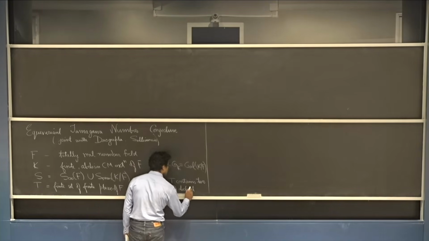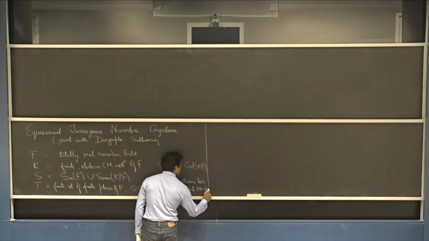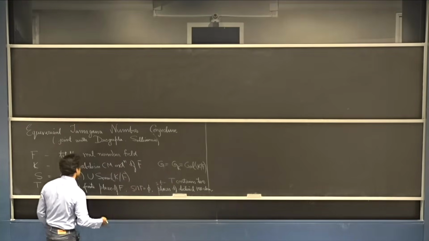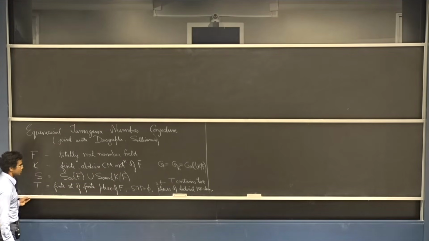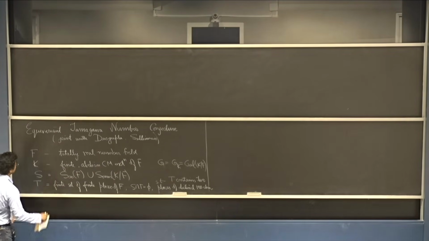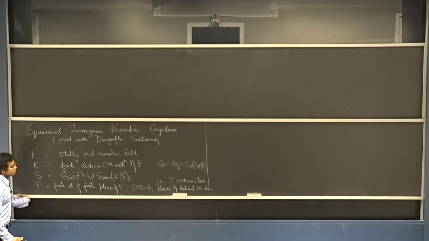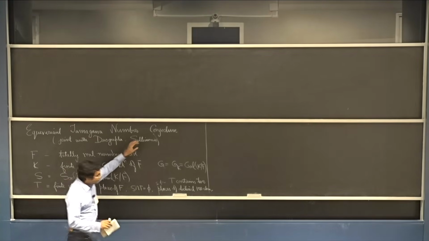You can even assume that it has one place of large enough residue characteristic, large enough meaning bigger than the degree of F over Q plus 1. I won't write that down.